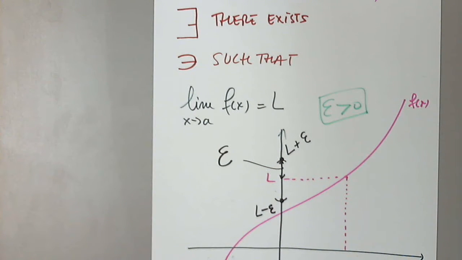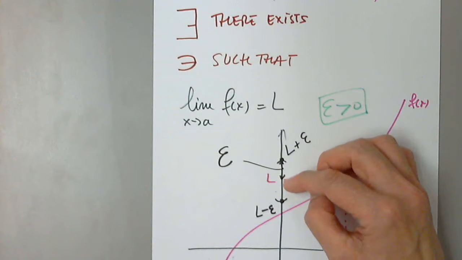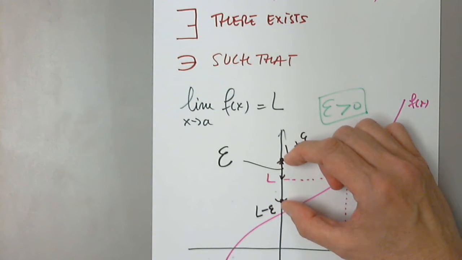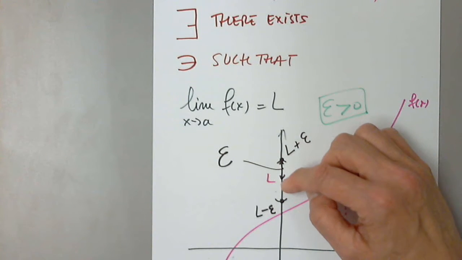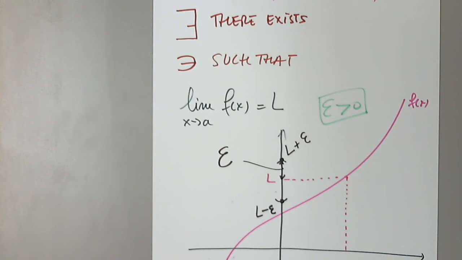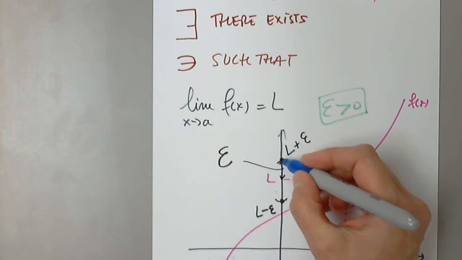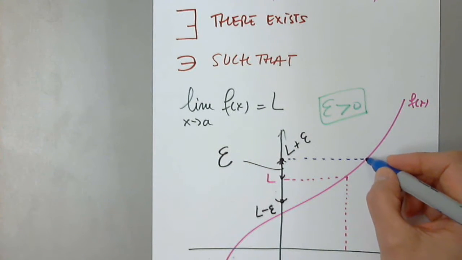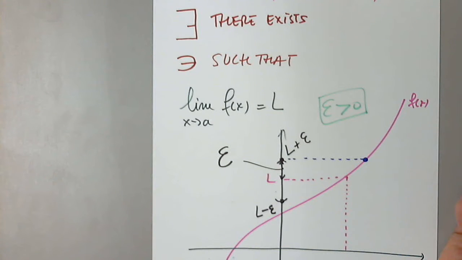For any epsilon near L, meaning I'm creating a symmetric interval around L, L plus epsilon, L minus epsilon. Follow the mechanism for a second, please. From this point, I draw a horizontal line. It meets the graph at this point.